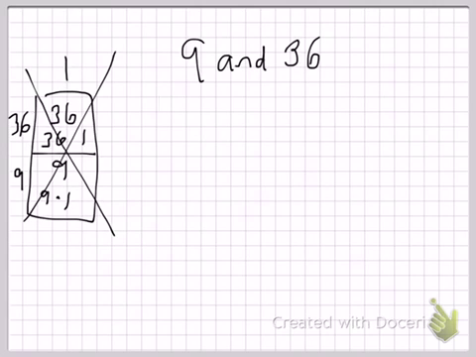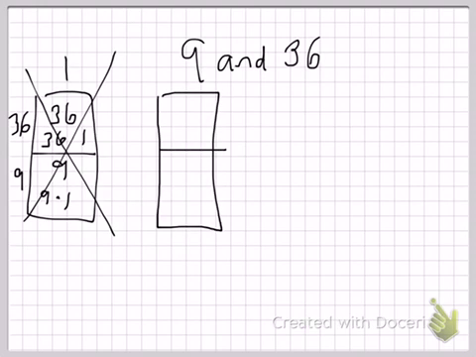But I think that this is so interesting because the 1 times 9, or the 9 times 1, whichever way you put it, can be used if you look at the 9 instead of the 1.